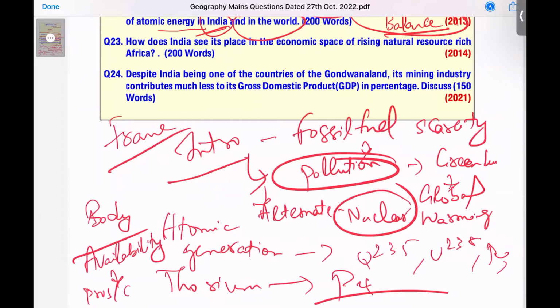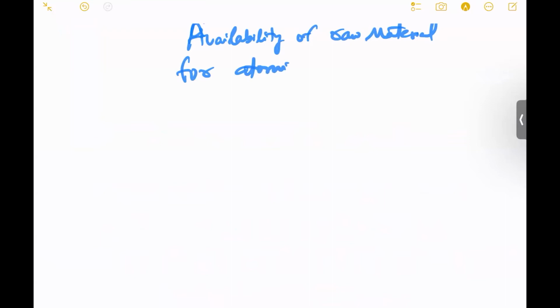Yes, sir. Okay, now let's go to how we have to answer this. So introduction I have very clearly told you. Basically the question is growing scarcity of availability of raw materials for atomic energy.